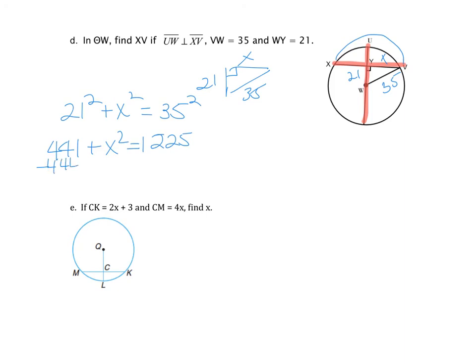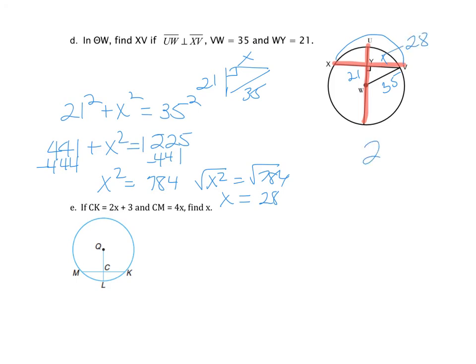Subtracting my 441 from both sides, x squared is equal to 784. Square root of x squared, square root of 784. I've got x is equal to 28. So 28 is half of my chord, so I'm going to say 28 plus 28 to get my whole chord, and that's going to be equal to 56.